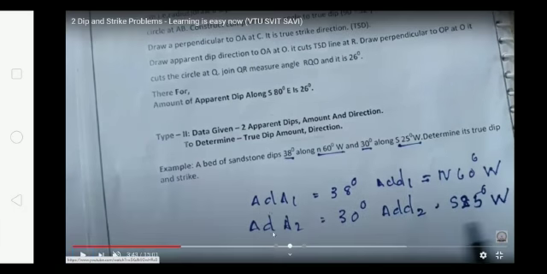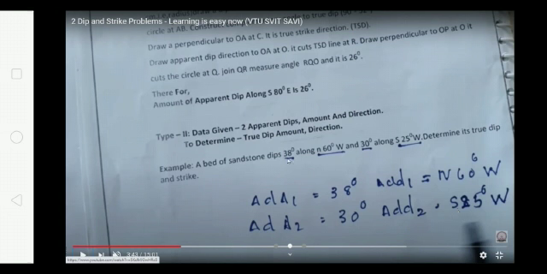Apparent dip amount 1 is 38 degree. Apparent dip amount 2 is 30 degree. Apparent dip direction 1 is north 60 degree west. Apparent dip direction 2 is south 25 degree west.